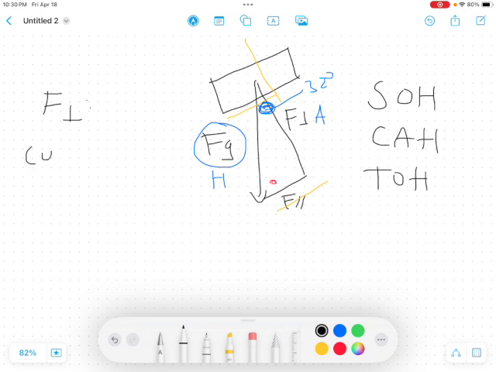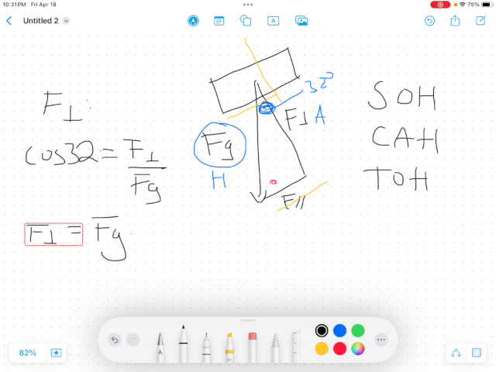So cosine 32 will be the force perpendicular over the force of gravity. So the force perpendicular will be force of gravity times cosine 32, which will be 35000 times cosine 32.